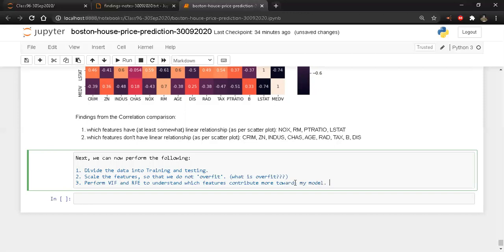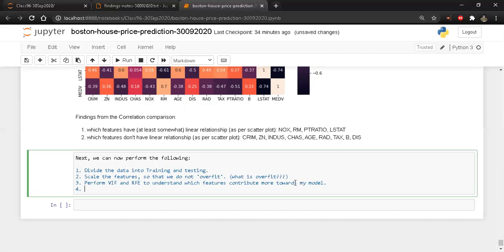That will be an addition on top of the correlation that I've done, and that is really important. I'll explain why I'm doing correlation, and then again I'm also doing VIF or RFE to find out the good list of features. That is really something that we need to do.